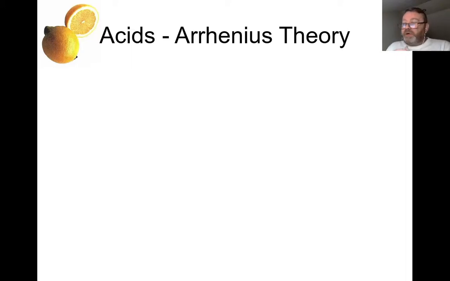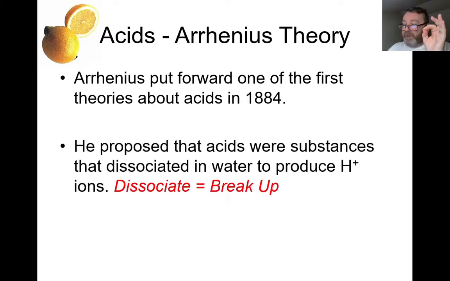Okay, so who was the first person to put forward an idea as to what acids are? The guy is called Arrhenius, all right? And Arrhenius, having studied all the acids that were available to him at the time, discovered one particular important quality about acids. And what he discovered was that acids always broke up when you put them into solution. So as soon as you poured an acid into solution, it broke up. The molecule that was in the original acid broke up.